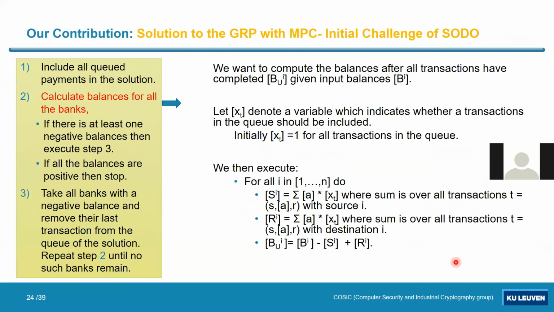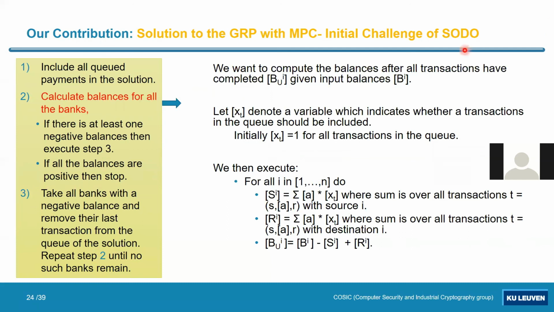During our implementation, we had different challenges with doing this with MPC. This is an algorithm given by Somarki, but in addition, we had problems calculating the balances of banks.